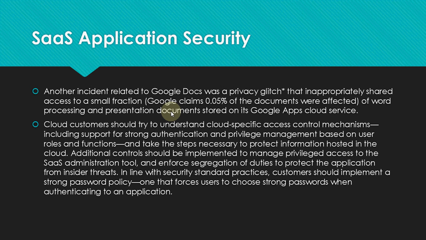Another incident related to Google Docs was a privacy glitch, where Google Docs inappropriately shared small fractions of word processing and presentation documents. Google claimed it was very small, 0.05%, but at least you can see that there was a breach at the level of Google.